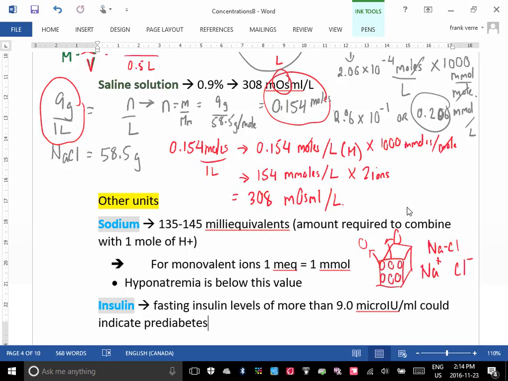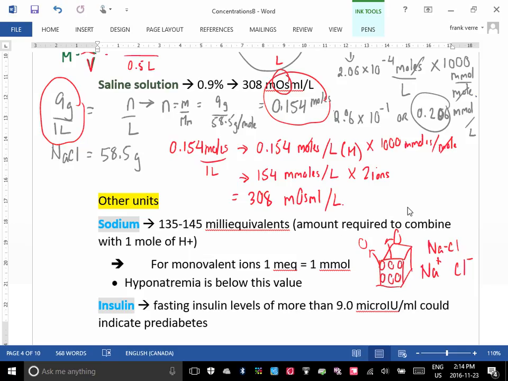Now, if it doesn't split at all, then you leave it. So for example, sugar is not an ionic compound. It doesn't split. The sugar molecules break up, but the molecule itself doesn't break up. So it doesn't form ions, therefore you don't multiply by anything. You leave it the way it is.